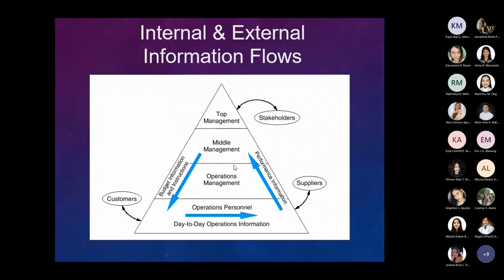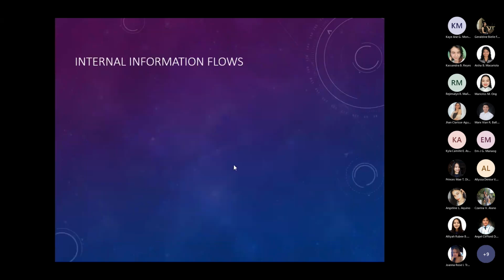Si operations personnel, hindi. Yung details ng operation, depending on what department you are in. Si top management ang goal niyan, maging number 1 among its competitors. Correct? Pero yung operations manager, yun ba ang goal niya? Magkaiba sila ng goal. Top management, the higher the level, the more aggregated information is needed.